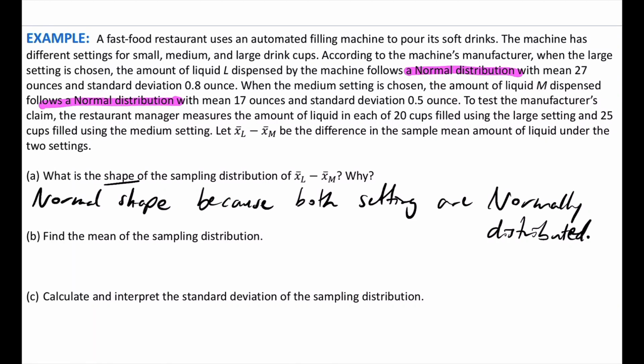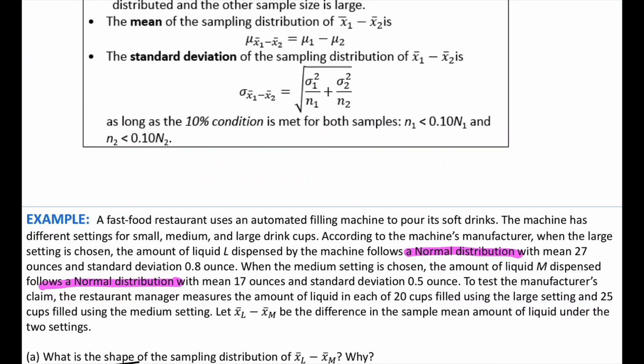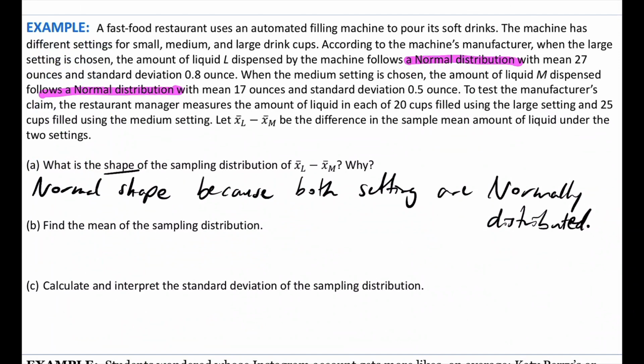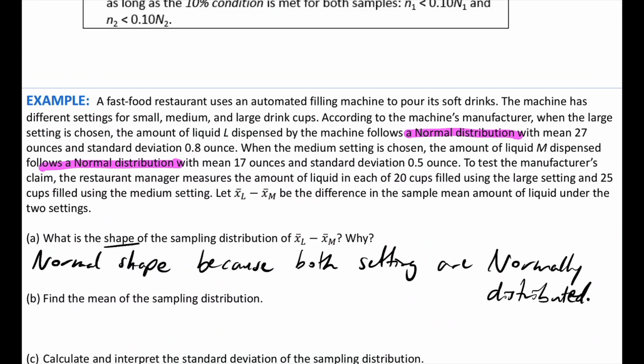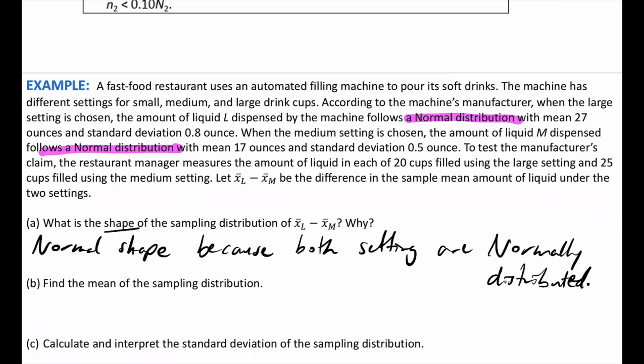Okay, find the mean. If it's a normal shape, we would say mu x bar 1 minus x bar 2 equals mu 1 minus mu 2.